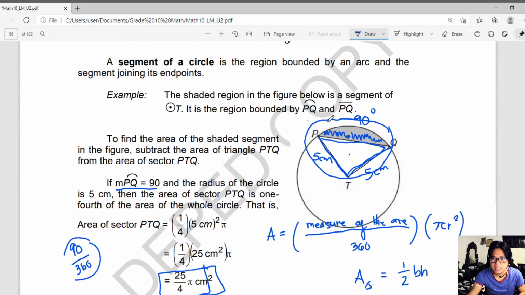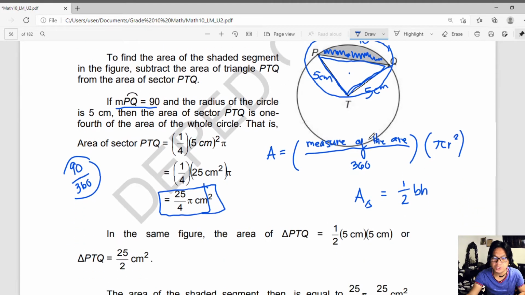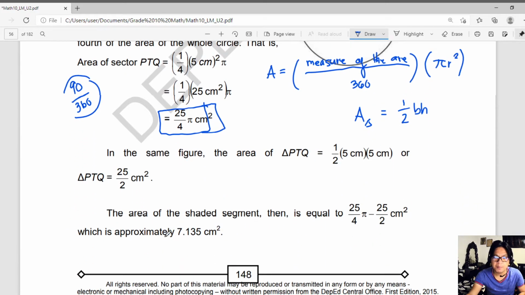So the measure of the shaded portion is 7.135 centimeters squared. So you get the idea.